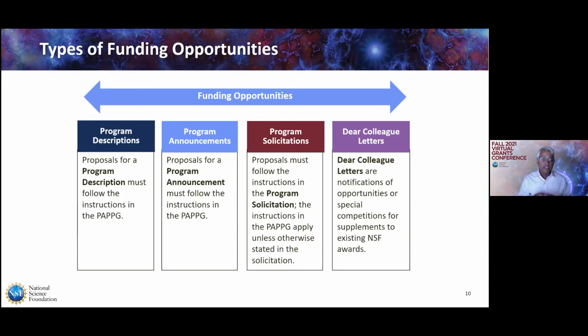But a DCL is a mechanism or a tool that NSF uses to essentially either remind the field of the existence of a funding opportunity, or to communicate to the field that there are some special opportunities or competitions that are open in a given time.